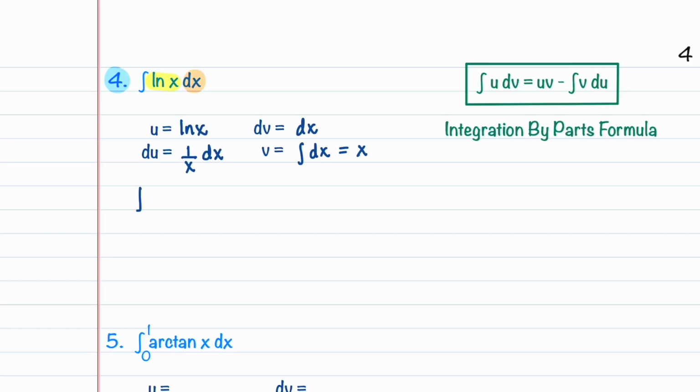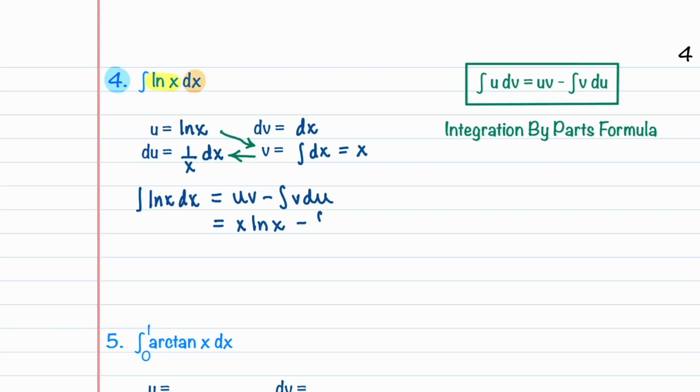Our integral, natural log of x dx, looking up here at the right, is equal to uv minus the integral v du. We're going to multiply u times v, so that is x ln x, and then we're going to subtract off the integral of v times du.